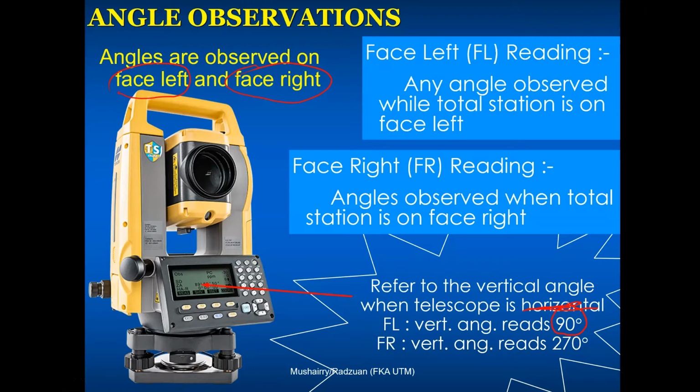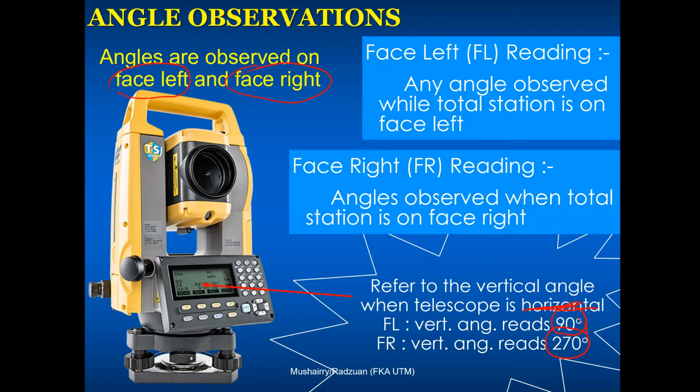But if the telescope is horizontal and the vertical angle reads 270 degrees, then you know you are in face right. That's, I think, the easiest way to tell, even though some equipment has a display indicator to show whether it's left or right.